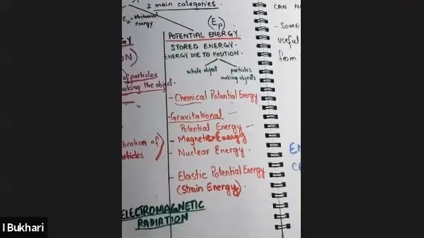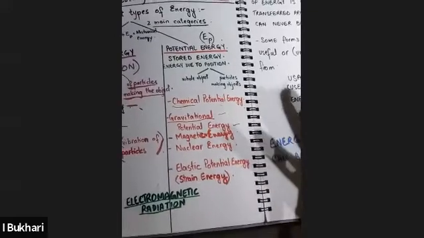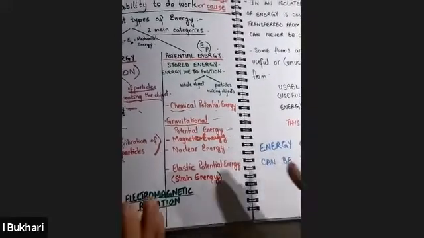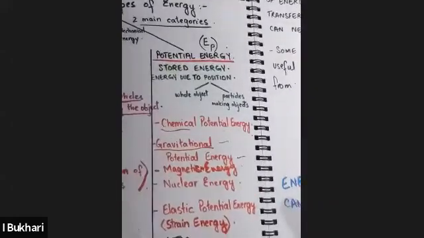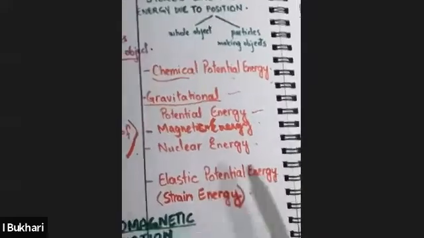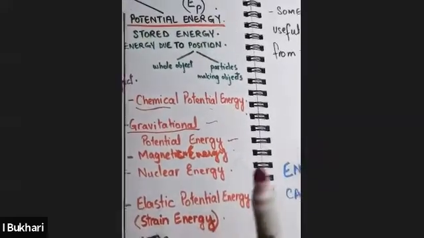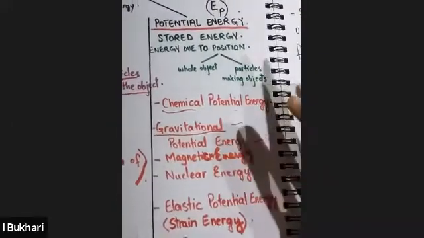So when we are pulling or when we are compressing them, we are storing energy in them, and that energy does the job of recoiling. So that is called elastic potential energy. When we are compressing them or pulling them, we are storing elastic potential energy. We will talk in detail about all of these. So this is just an introduction.